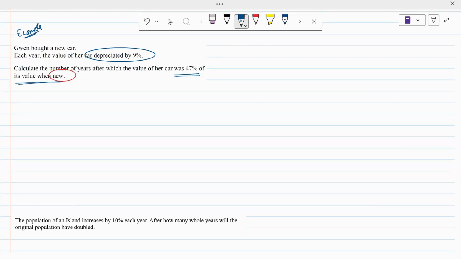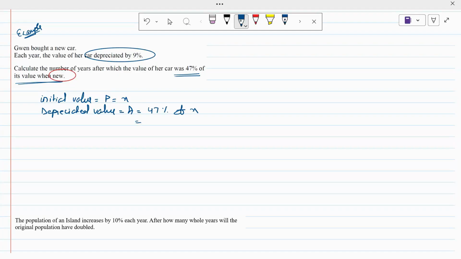So let the initial value, which is P for us, be X. And the decreased value, the depreciated value, which for us is A, is 47% of the price at new. So it would simply be 47% of the initial value, which was X.